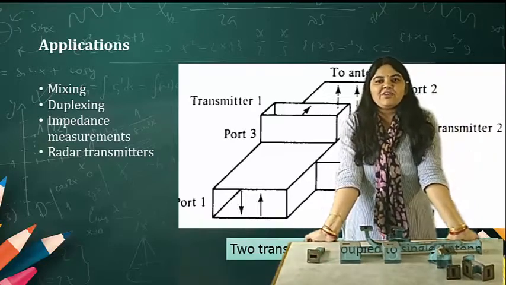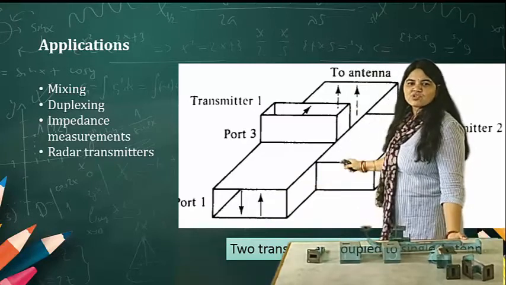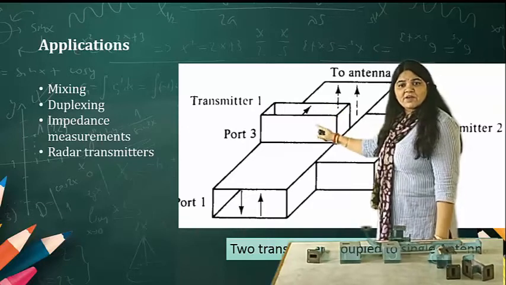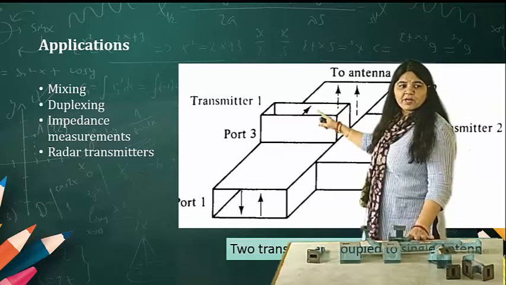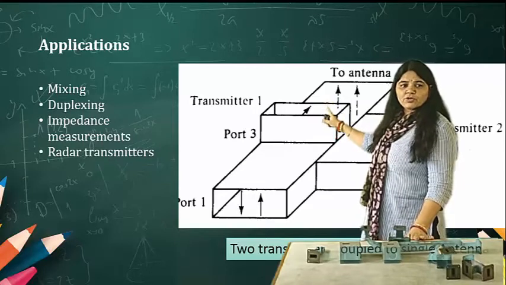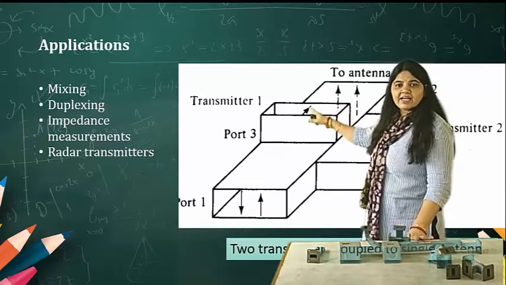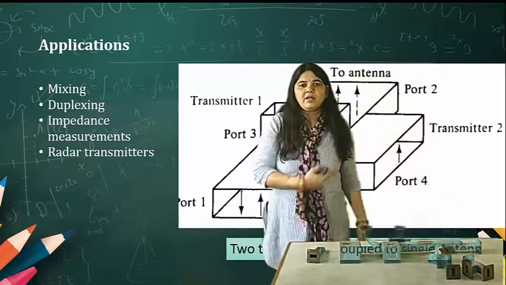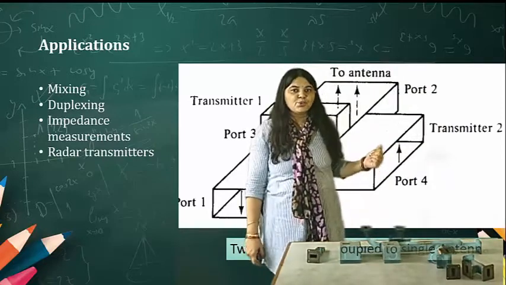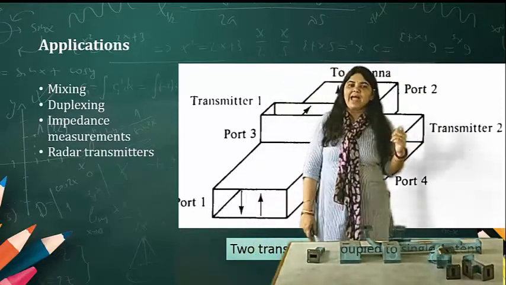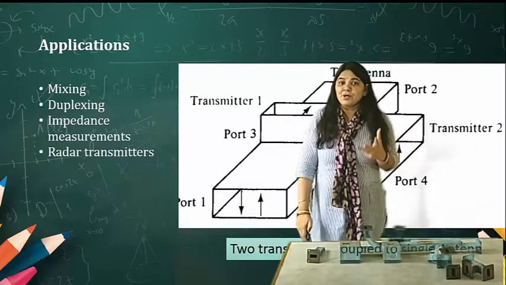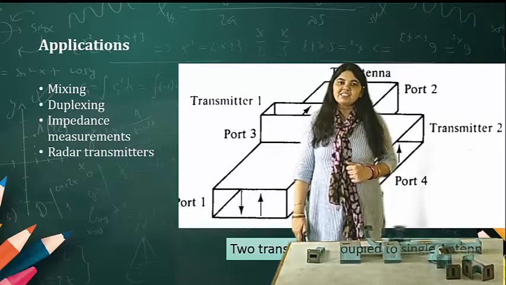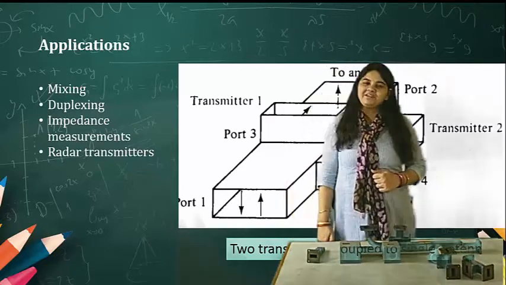One of the applications is shown in the diagram: port number 1 and port number 2. When the power is fed from port number 1, port number 2 is transmitted via the antenna. This is transmitter 3, and over here you can see transmitter 2. So this way the magic T is used in many applications to transmit the power in microwave devices.